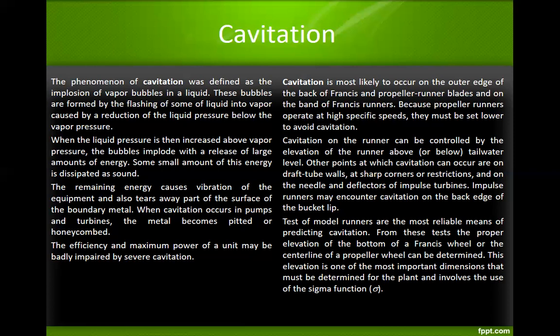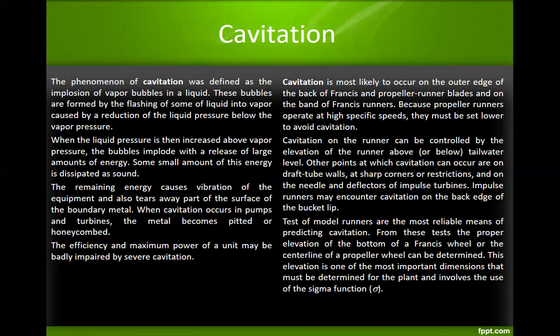Cavitation is most likely to occur on the outer edge of the back of Francis and propeller blades and on the band of the Francis runner. Because propeller runners operate at high specific speed, they must be set lower to avoid cavitation.